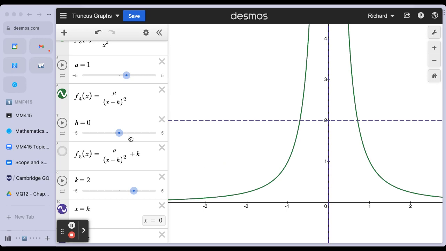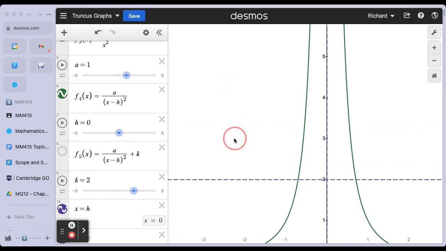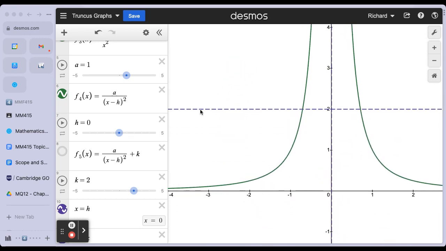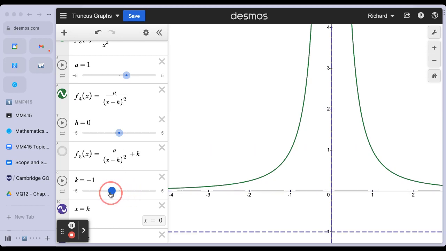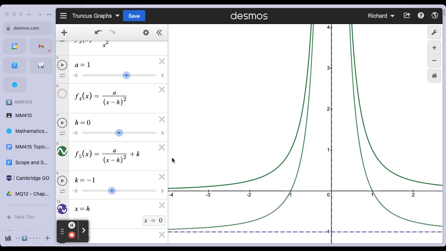What have I done? Disappeared. I'll figure that out later. You can see the vertical asymptote goes up and the graph would be up here as well. For some reason it's not showing, but that's okay. I'll figure that out later. And if k is negative, then the graph goes down. That's probably a bit better. Goes down like that, so there's the graph there.